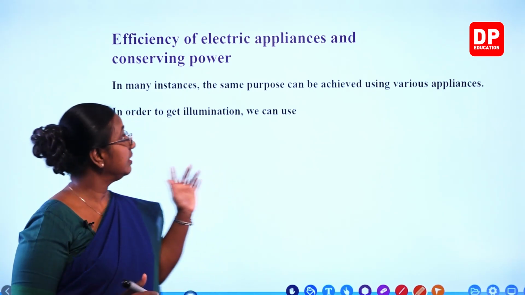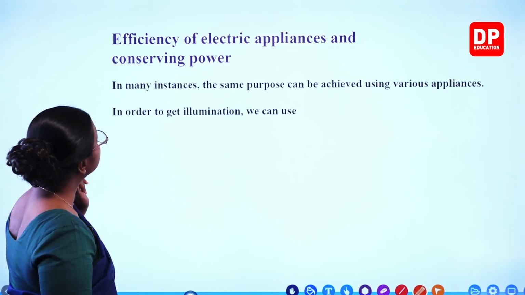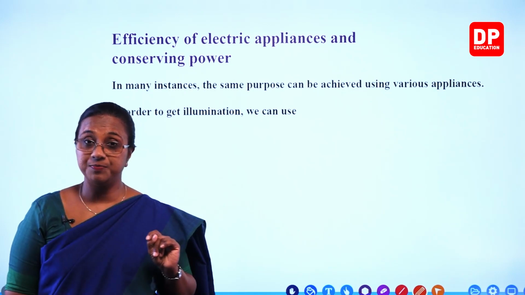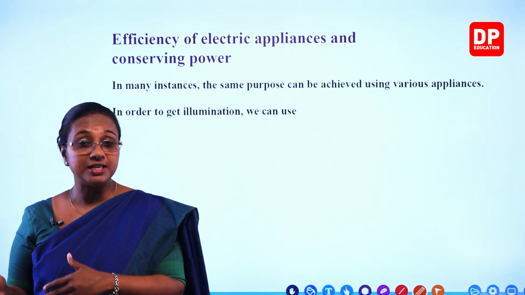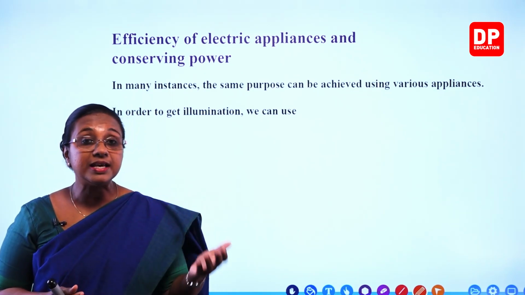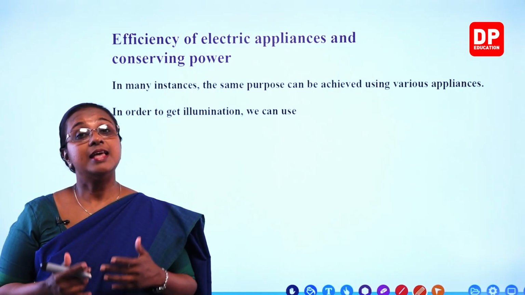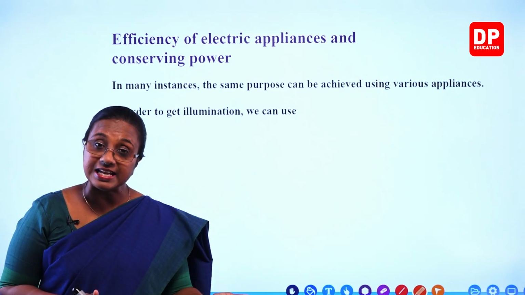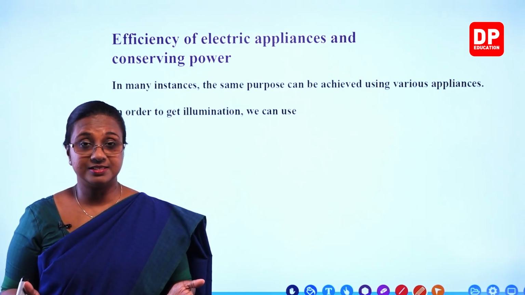Today we will be looking at efficiency of electric appliances and conserving power. Mainly related to the concept I just discussed, because of internal resistance, a certain amount of electricity is going to be used against it.